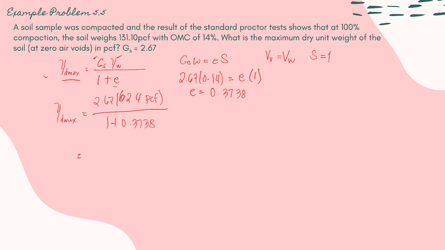And then we can get 121.2753 pcf. So this is the maximum dry unit weight of the soil at 0 air voids.